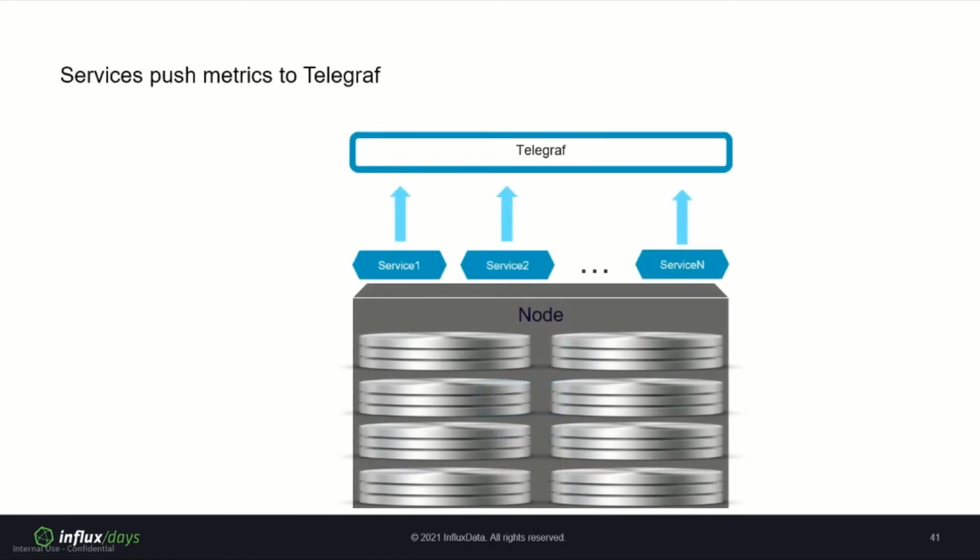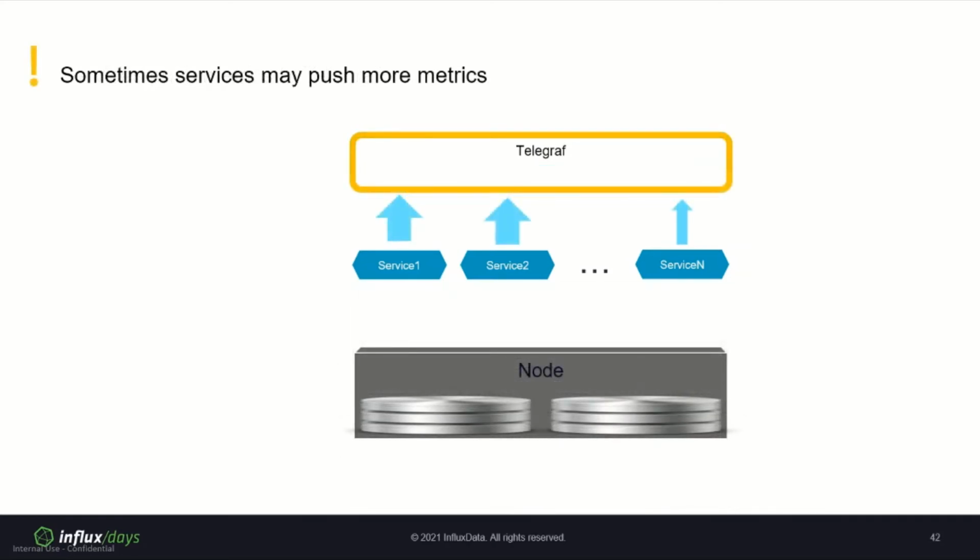All services which run on a node send their metrics to a local Telegraf instance, and we have defined periods when services may push metrics, so they do not do it in an uncontrolled manner. But anything could happen, and on some error conditions, services may start pushing more metrics than expected, producing more load in Telegraf, which may cause more memory consumption by Telegraf.